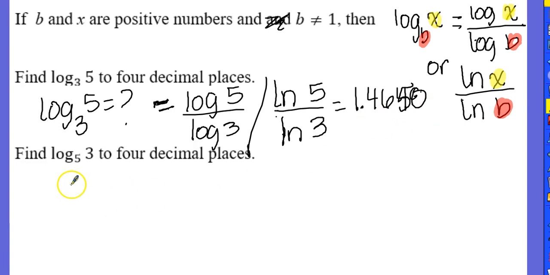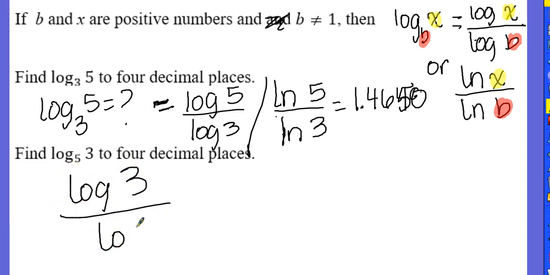So you're going to do either the log of 3 over the log of 5. Switch. You guys now do the logs. You guys do the natural logs.